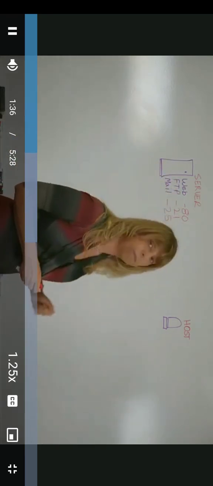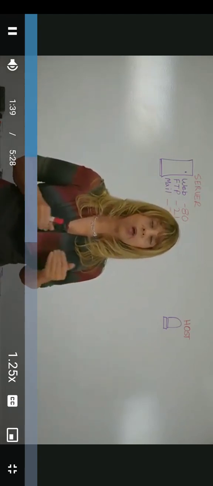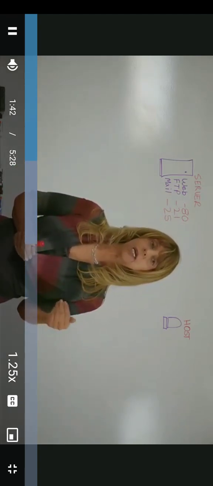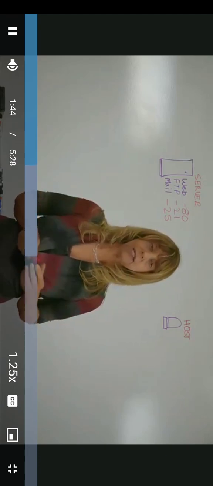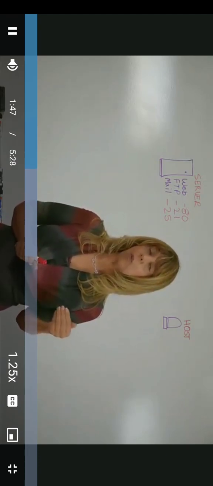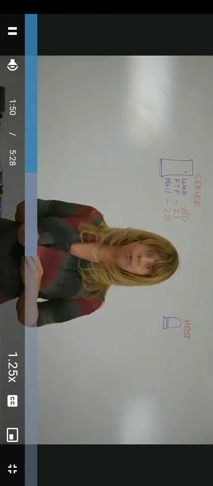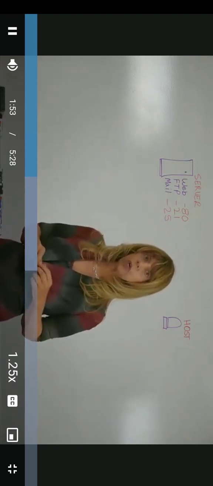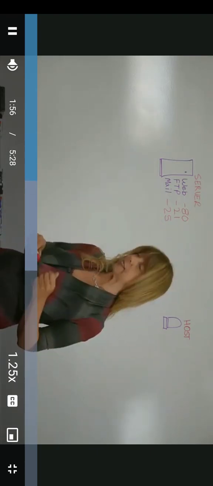Whenever we open a web browser and we type in a URL, we don't have to tell it what port, because the client, in this case the web browser, already knows that web servers are listening on port 80 to be able to respond to web page requests.